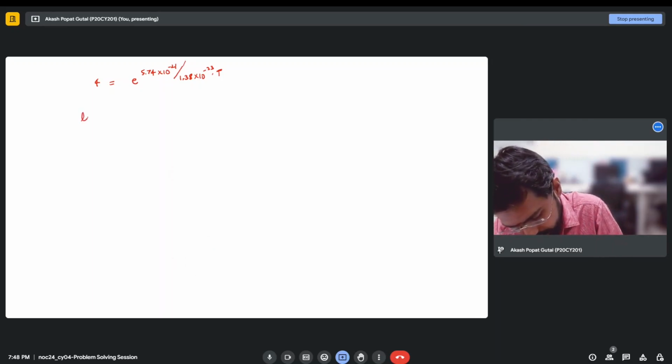If you take the natural log of both sides, that will reduce to 5.74 × 10 raised to minus 21 divided by 1.38 × 10 raised to minus 23 times T. So T will be on the left side.